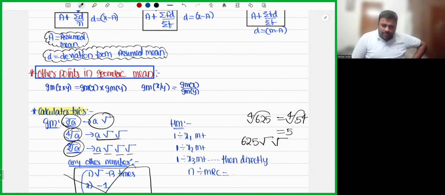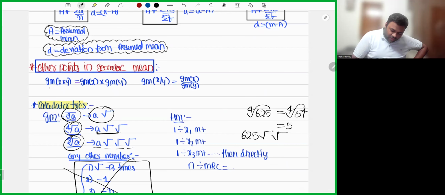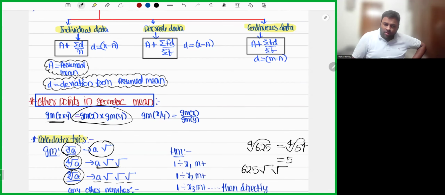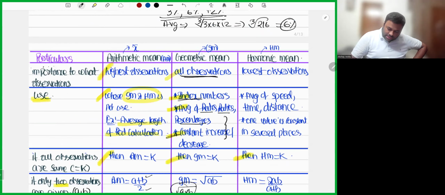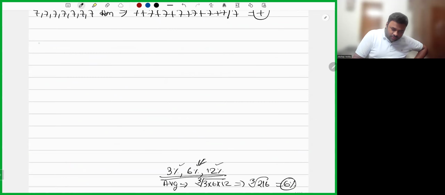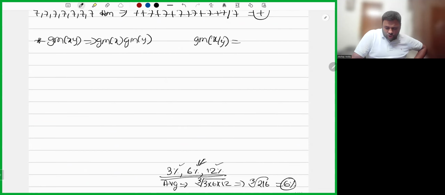Other points in GM: the geometric mean of X into Y will be the geometric mean of X into the geometric mean of Y. The geometric mean of X by Y will be the geometric mean of X divided by the geometric mean of Y.